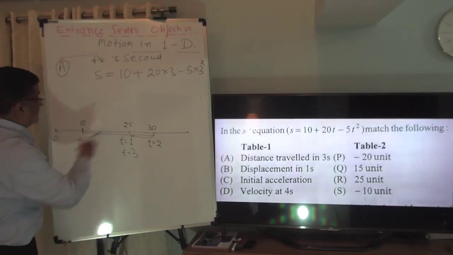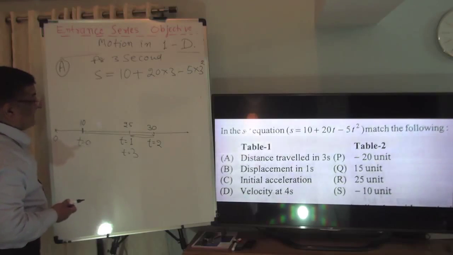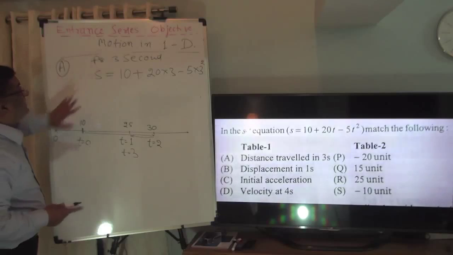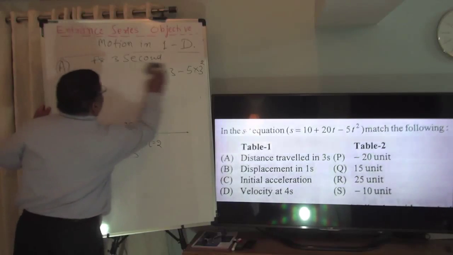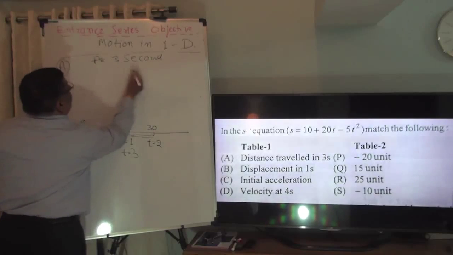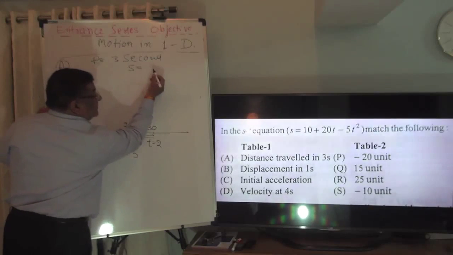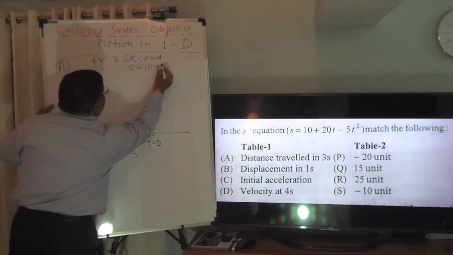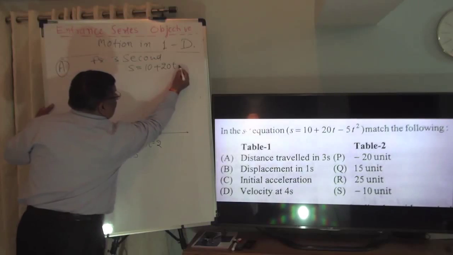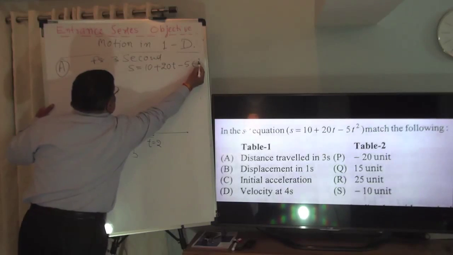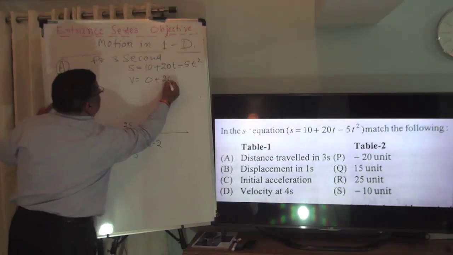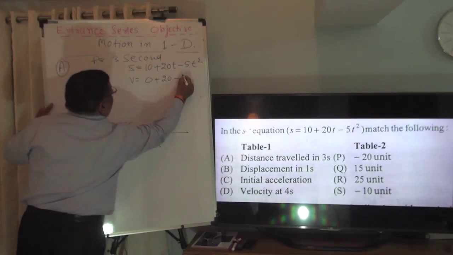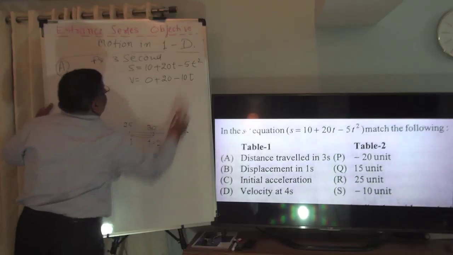Now if it has gone like this, then okay, first we'll find the formula for velocity. If we have S is equal to 10 plus 20t minus 5t square, then velocity is equal to 0 plus 20 minus 5 into 2t, that is 10t.